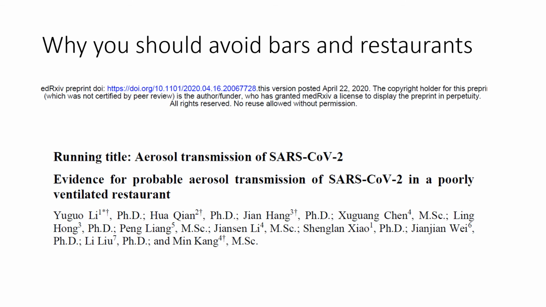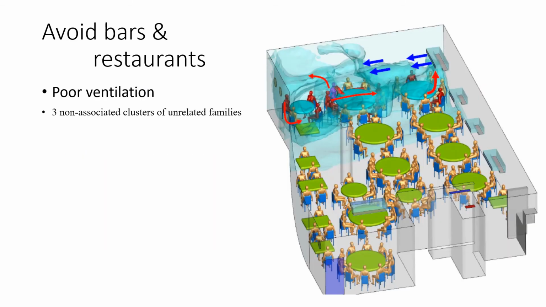There's another example showing why you should try to avoid, as much as you can, going to bars, restaurants. This is a study carried out in early February. What you see is a simulation scenario in which a patient escaped from Wuhan, the center of the pandemic, traveling over 1,000 kilometers to Guangzhou and celebrated his escape with his friends in this restaurant.